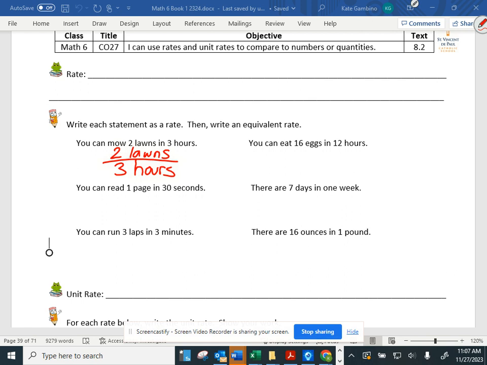What am I going to do, Madeline? Multiply or divide by the same number. So an equivalent, I could say, okay, I'm going to multiply them both by 2. And I could say 4 lawns in every 6 hours. Whenever we're doing equivalent, you're multiplying or dividing by the same number.